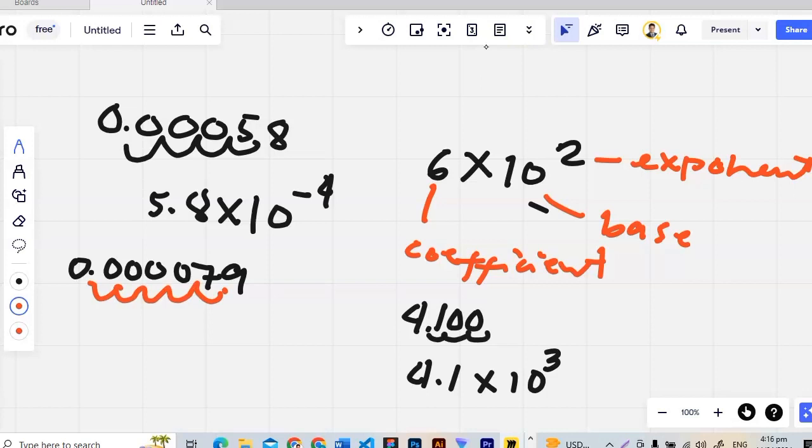It should be next to the whole number on the right side. So it becomes 7.9 times 10. How many places did you move? 1, 2, 3, 4, 5. Since you moved 5 places to the right, this is negative. So 7.9 times 10 raised to negative 5.